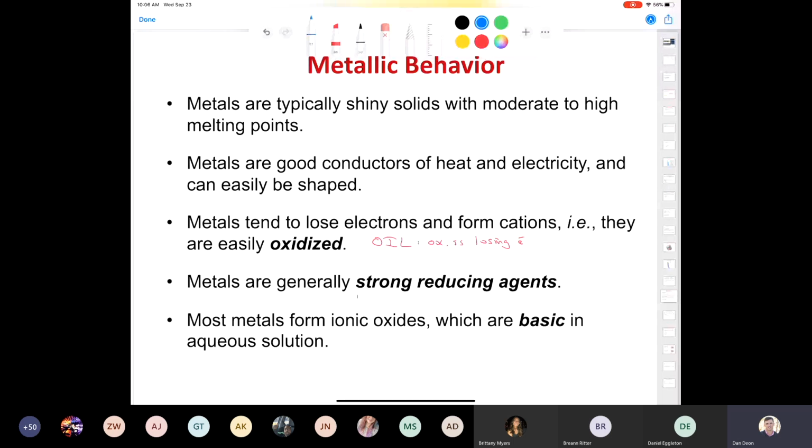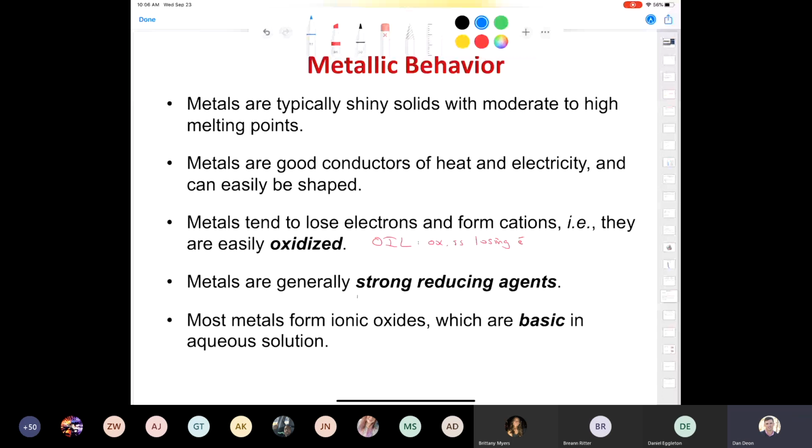And RIG stands for reduction is gaining electrons. There we go. Okay. Most metals form ionic oxides, which are basic in aqueous solution, while some nonmetals tend to form acidic solutions with their oxides.